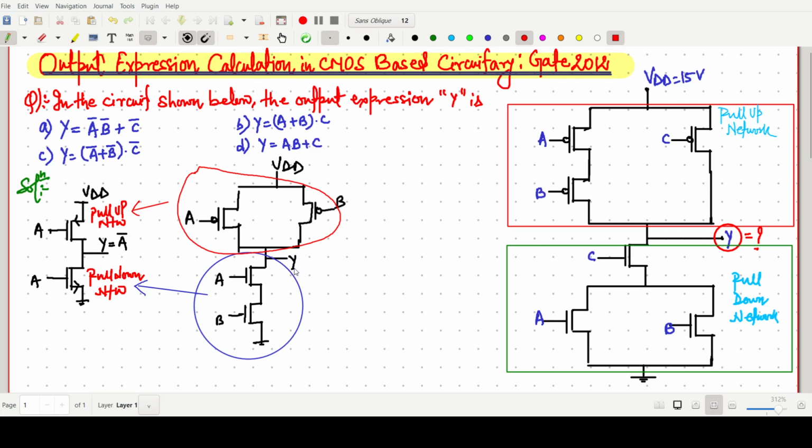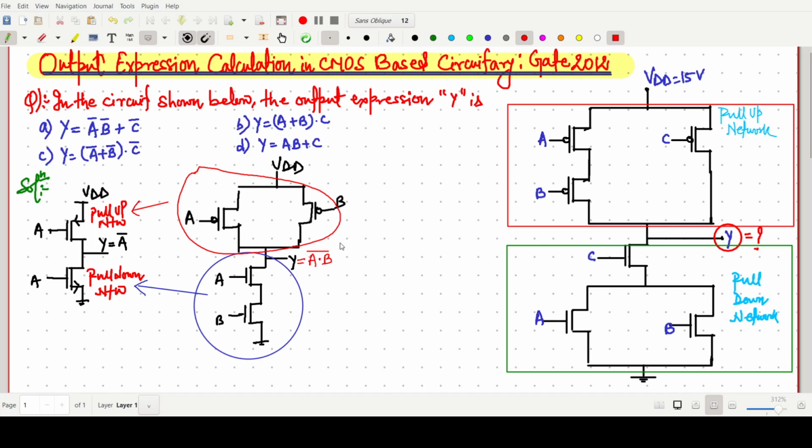Here this Y output will be, this one is our A and B, so it should be in series. So it should be A dot B bar. This is nothing but simply our NAND gate.